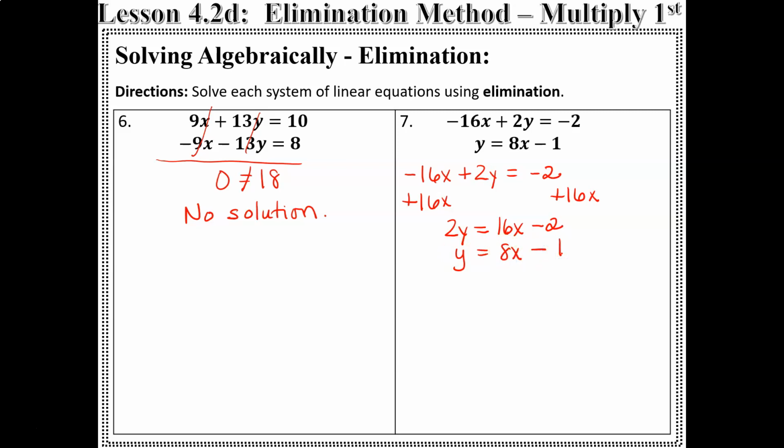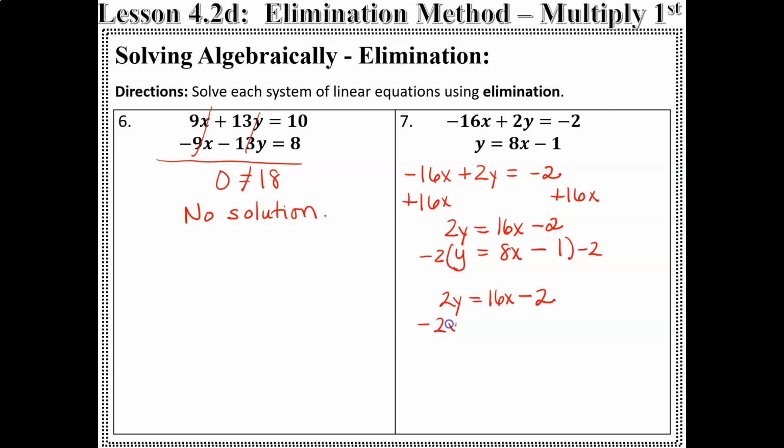All right. Well, we still can't cancel. So let's see what happens if I multiply this one by negative 2. So I'm going to rewrite the top one so I keep these in order. I'm going to multiply the bottom one by negative 2.